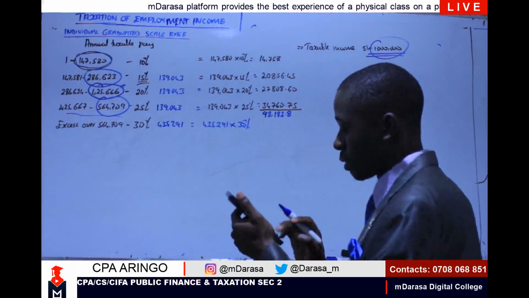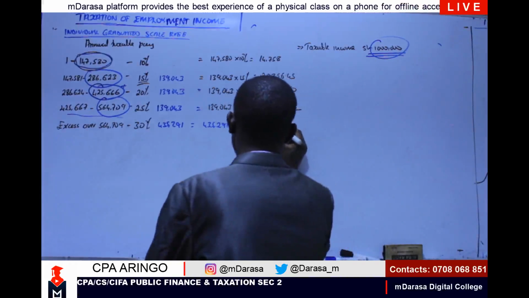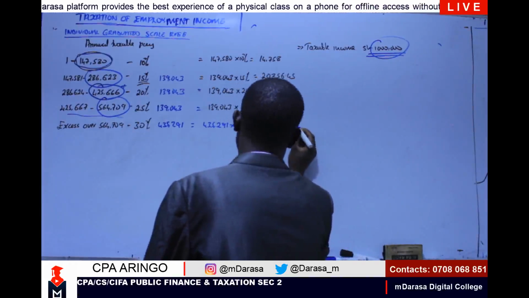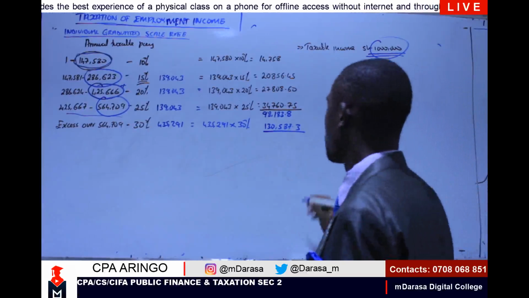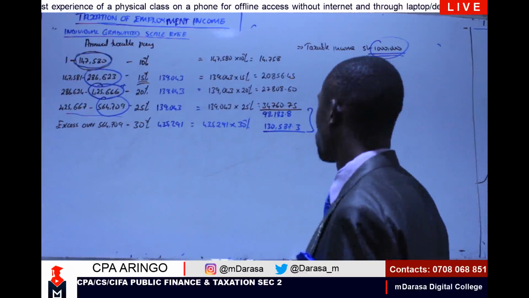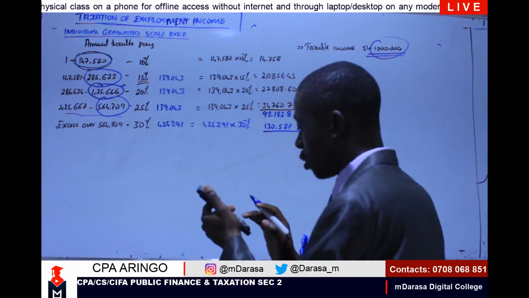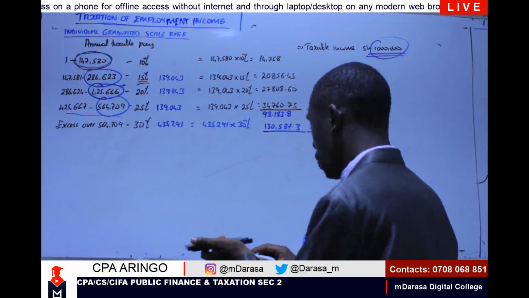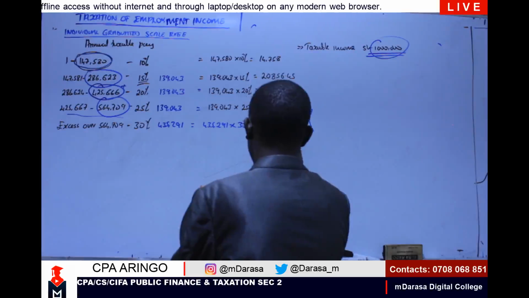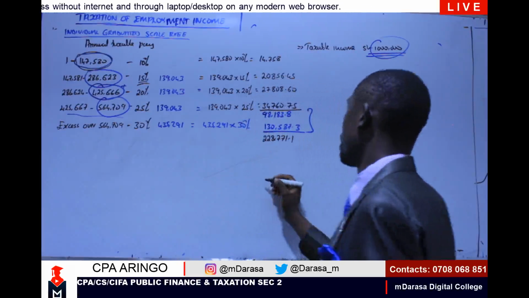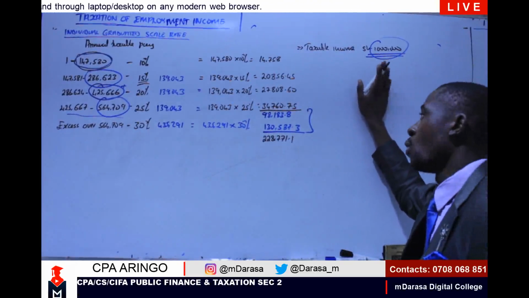That should give us 130,587.3. If I want to determine our tax up to this point, I should add the 130,587.3 plus 98,183.8 to give us a figure of 228,771.1, in the event that this person is earning 1 million.